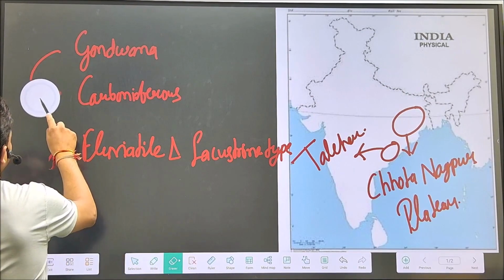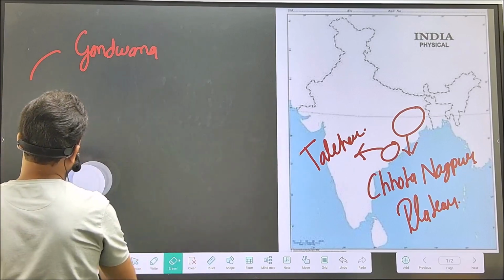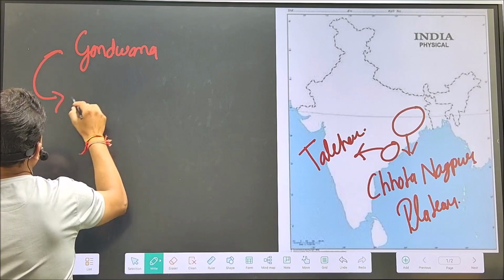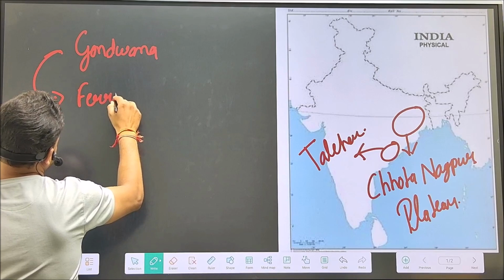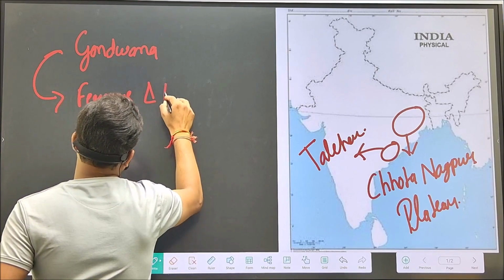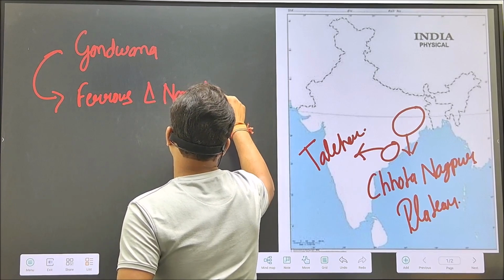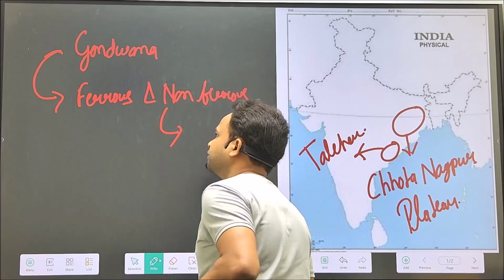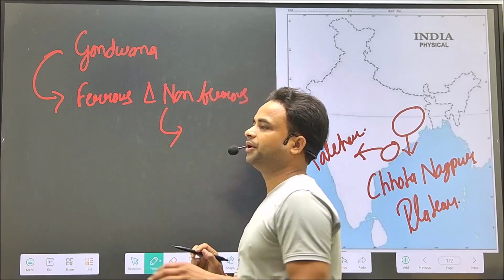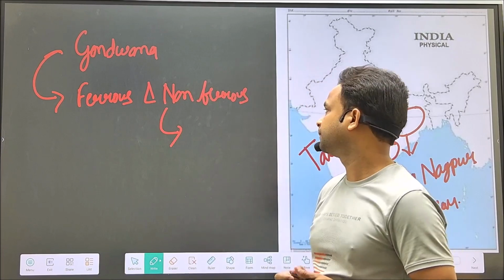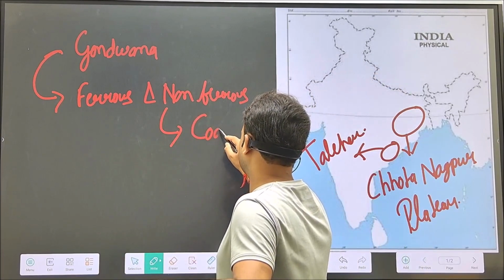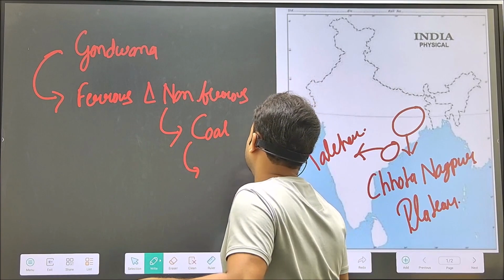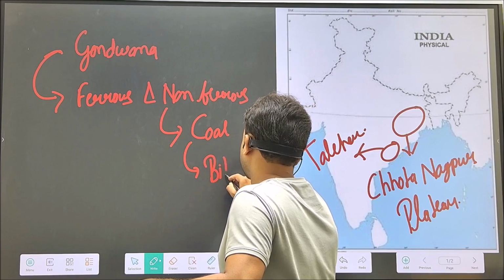Now we will see the minerals of Gondwana rock. You can find ferrous and non-ferrous minerals. In non-ferrous minerals, coal is an important mineral you can find in Gondwana rock. And you can find bituminous coal.